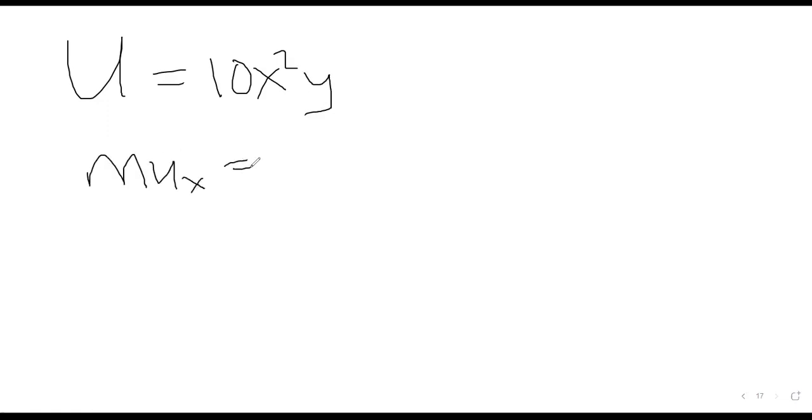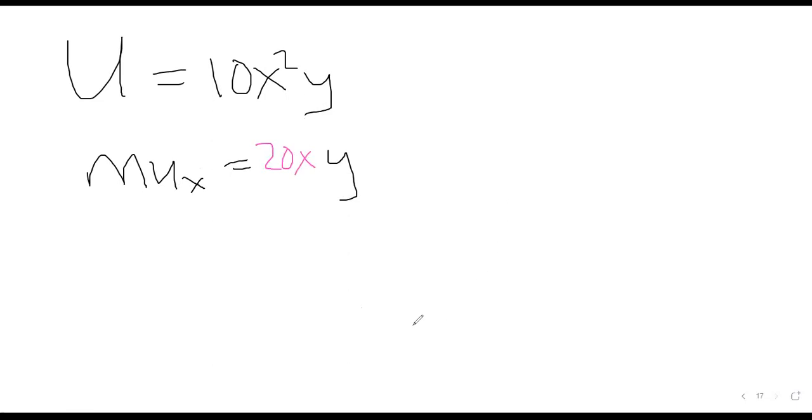So with this function 10x2 and y, we're going to find the marginal utility of x. Can somebody remember? How do we differentiate this? What is our dummy? Y. Then what do we differentiate? 10x2, which becomes what? 20x.